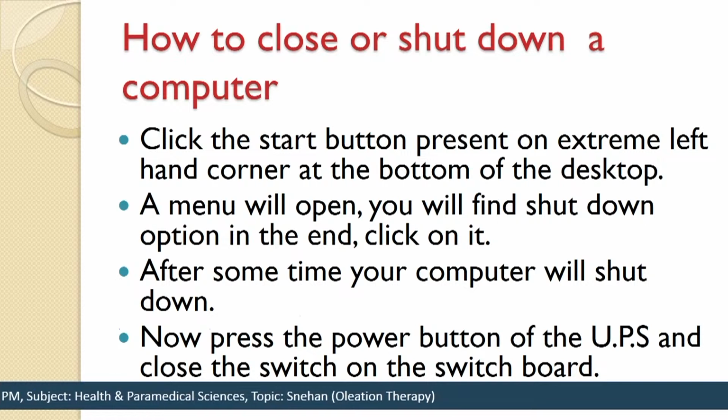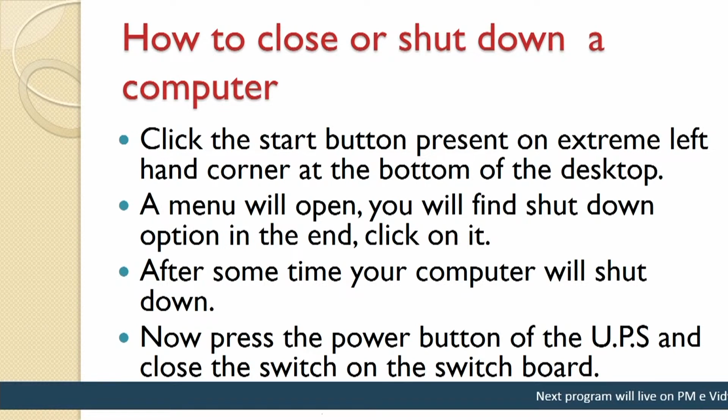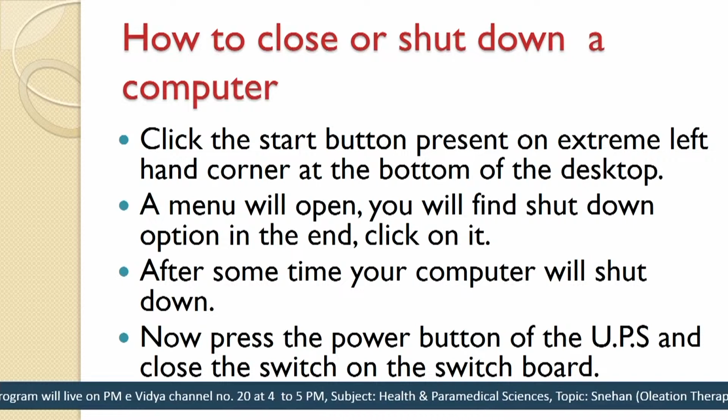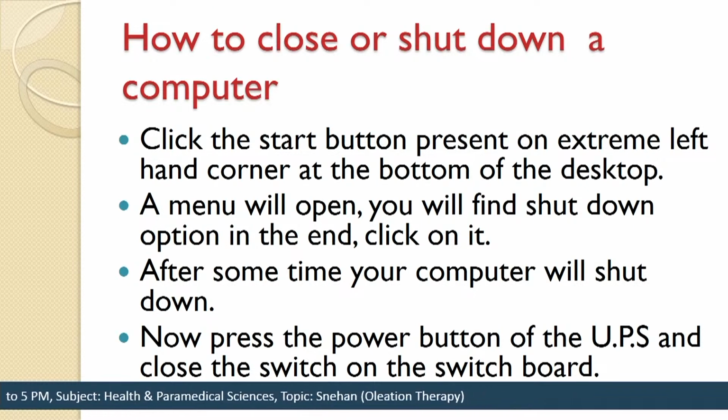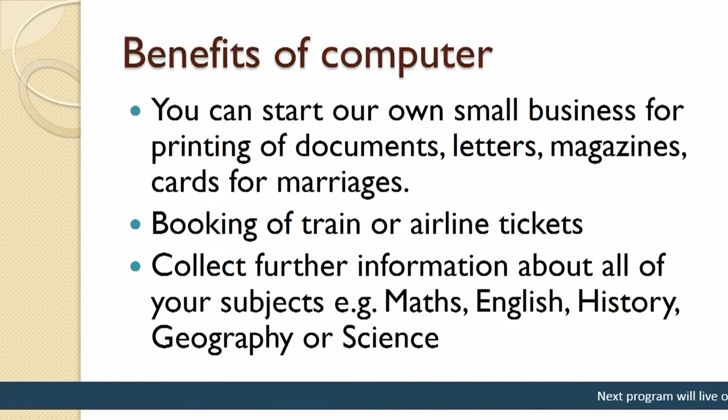Here we will also find various other options like the sleep option, and after that the computer will shut down automatically. When the screen becomes black, press the power button of the UPS and close the switch on the switchboard. So next comes what are the benefits of a computer.